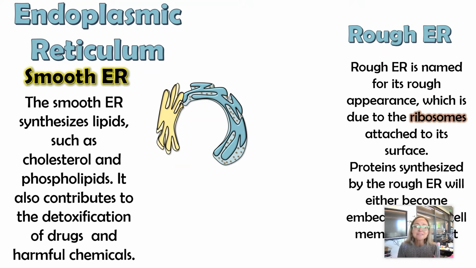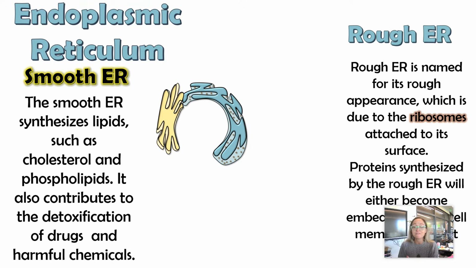It also has enzymes that are involved in detoxifying the body. Whether it's drugs or harmful chemicals or alcohol, the smooth ER will help to detoxify and break down those toxins. For example, in a person who tends to drink a lot of alcohol, over time the cells in their liver will have larger and larger smooth ERs to handle that toxin coming into the body.